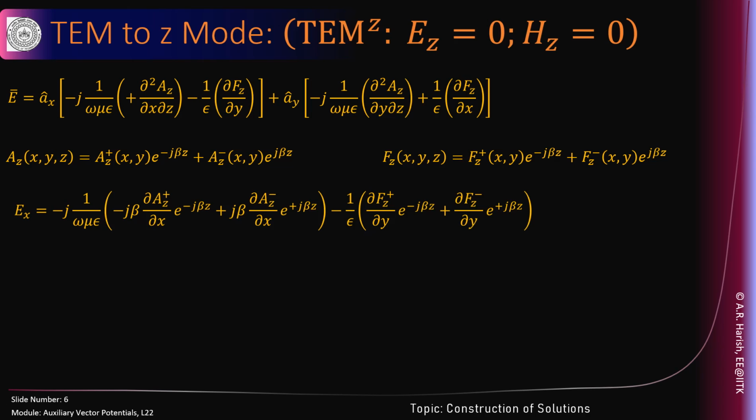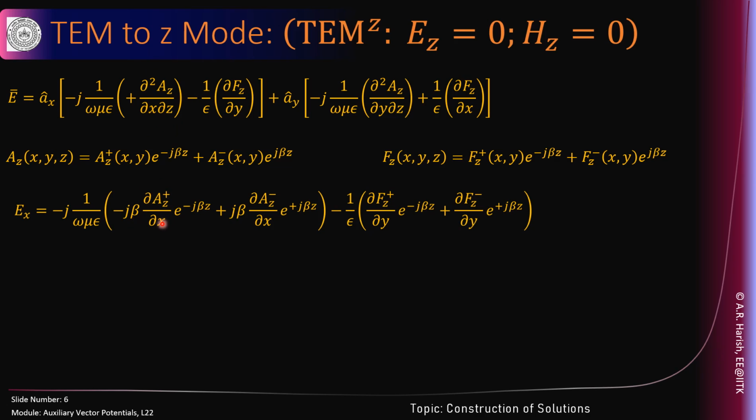Now what we will do is substitute the equation for Az and Fz in the equation for the X component of the electric field to start with. I'll do this one, you can watch me. Minus j, 1 upon omega mu epsilon, del 2 by del x del z of Az is this quantity. If you differentiate with respect to z, we get minus j beta here and you are left with del Az plus upon del x, that's that one here.